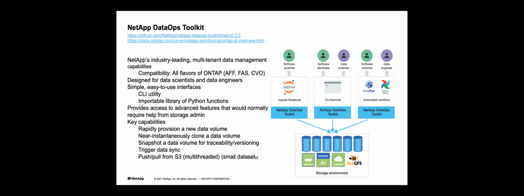I do have those links to more information about the DataOps Toolkit, as well as an overview of ONTAP AI. And we will be sharing these slides with you so that you can follow those links.